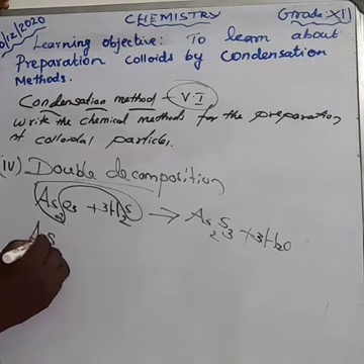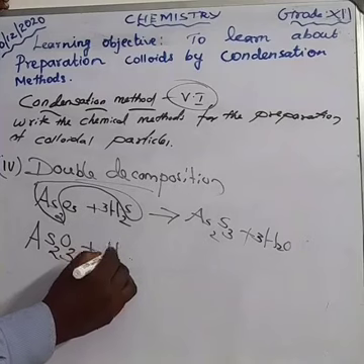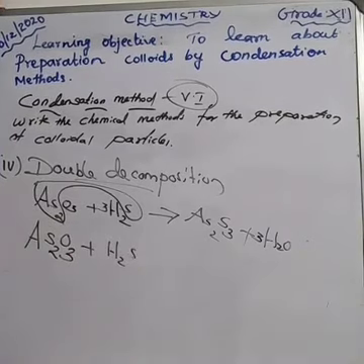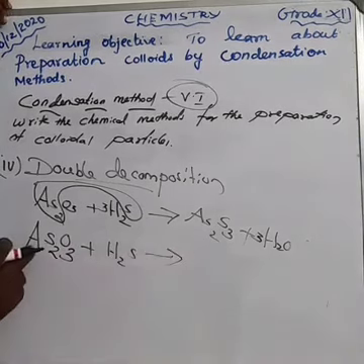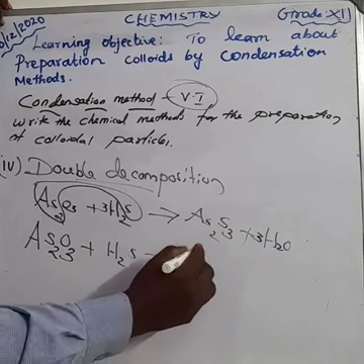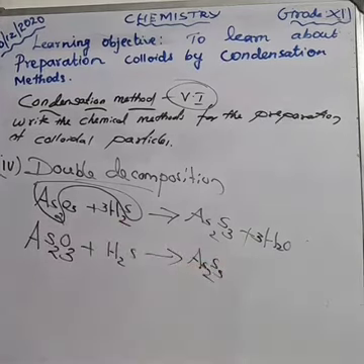Arsenious oxide reacts with hydrogen sulfide, we get arsenious sulfide salt. What's the product here? As combines with S to form As2S3, arsenious sulfide.